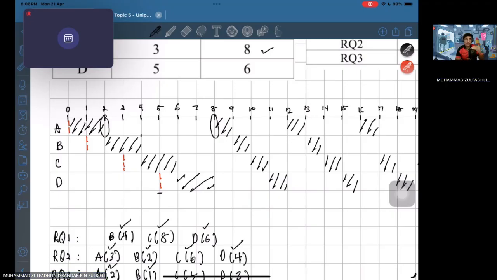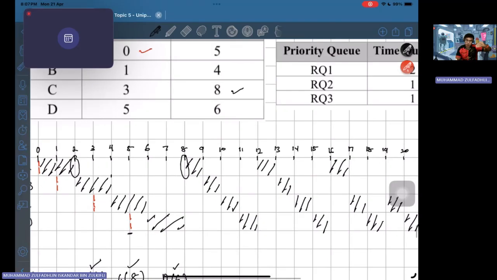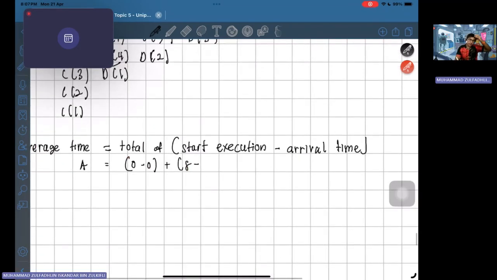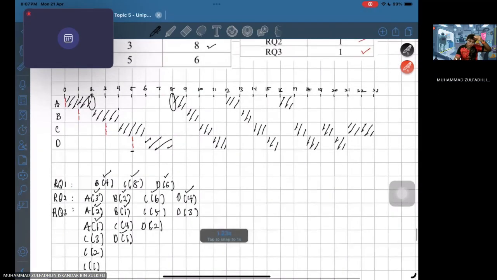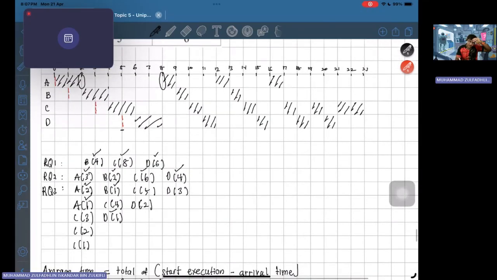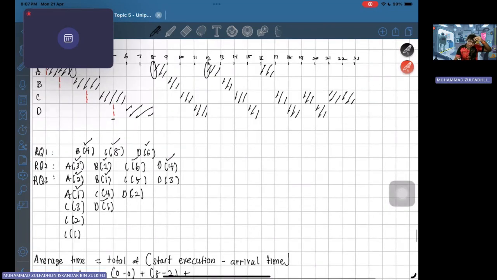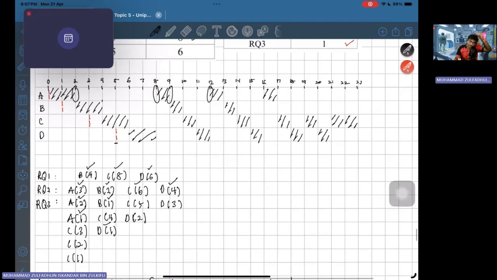So if A completes at T equal to 2, it will move to the RQ2 at T equal to 2 also. So the arrival is 2, and plus start of execution T equal to 12, and arrival T equal to 9.